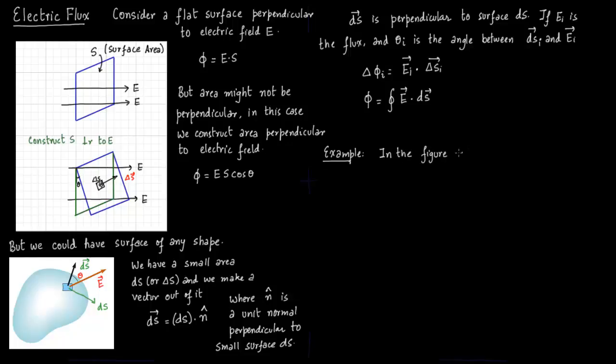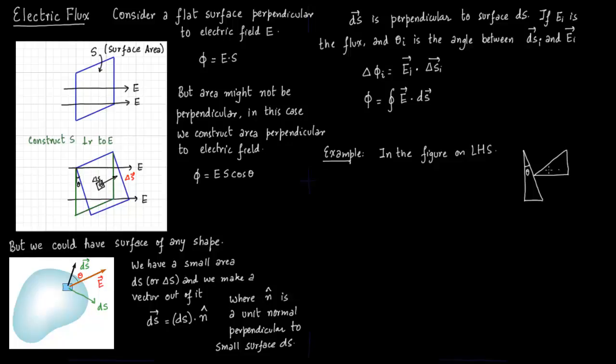So in the figure, on the left hand side, we basically are talking about the plane which is not perpendicular to the electric field. So this is the original figure we had. Angle theta the plane makes with the vertical. Now you have ds vector which is perpendicular right here.